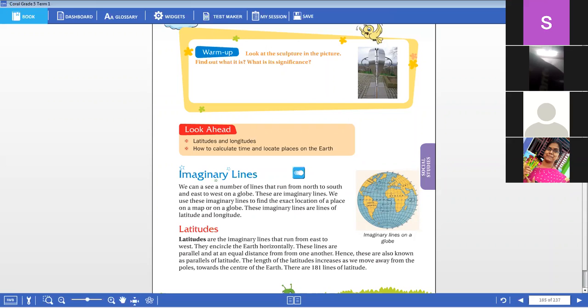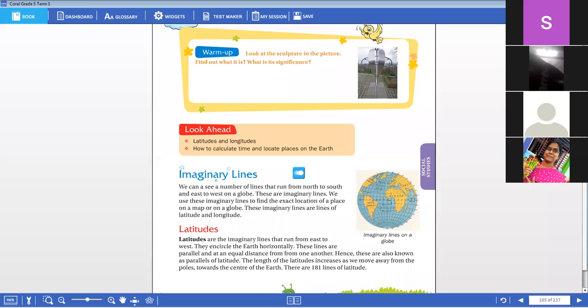Okay, children, those lines are actually not present on earth, but they are just imaginary lines drawn by us. Imaginary is nothing but the exact lines won't be there. It's our imagination that lines are there to locate a place easily.